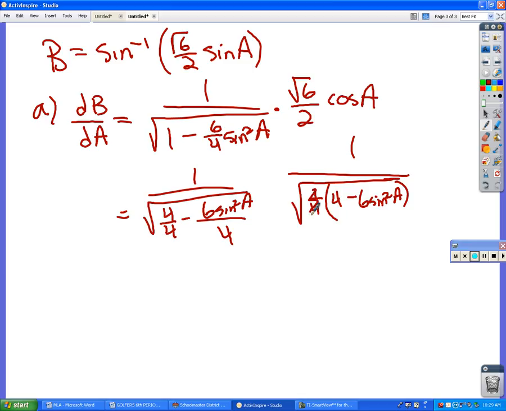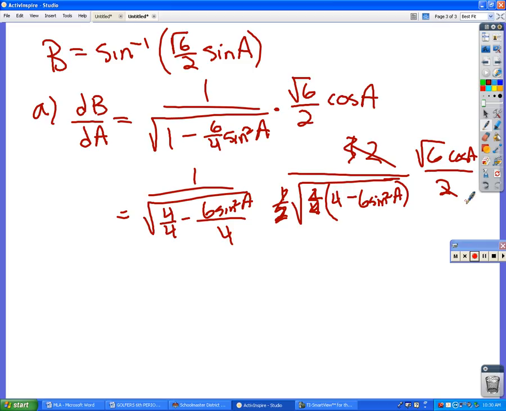So that means I can take this and put it out there. And then I flip it over and multiply, so the 1/2 actually becomes a 2 up here, which I'm multiplying by the root 6 cosine of A over 2, so those 2's cancel, and I still just have a root 6. Oh well. So we did something wrong in there somewhere, but we were close, right?